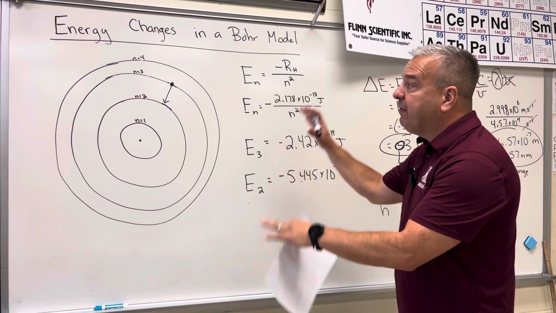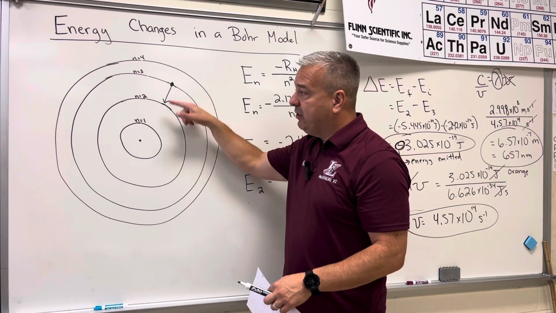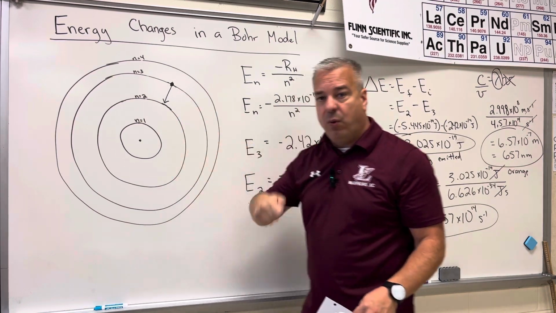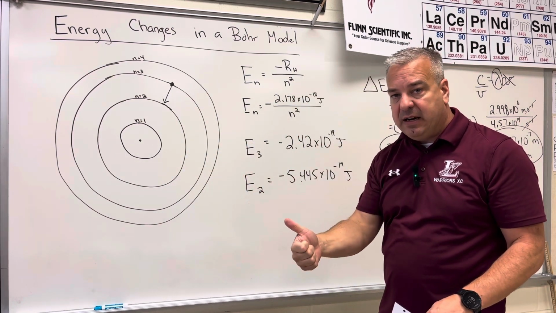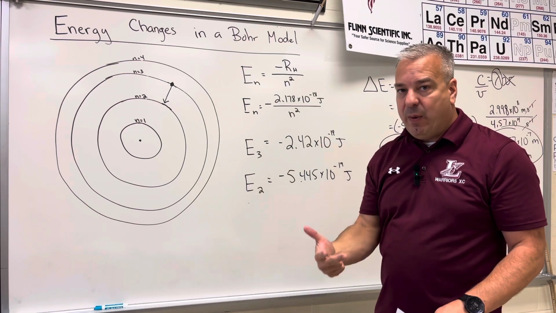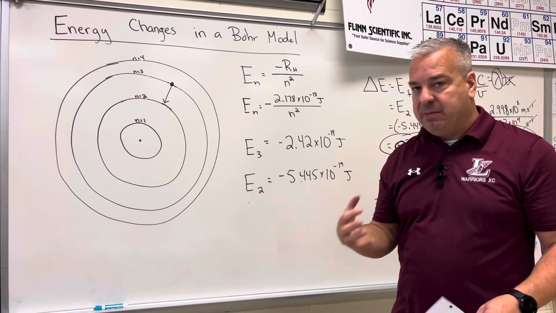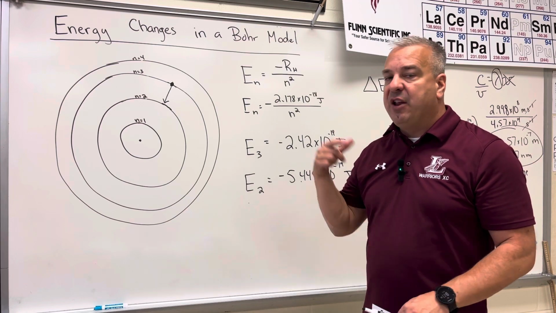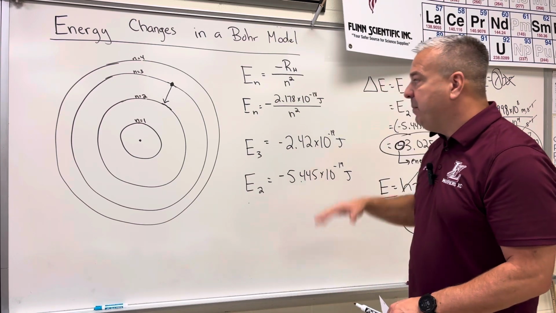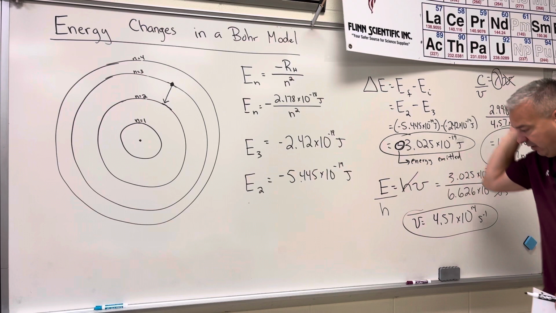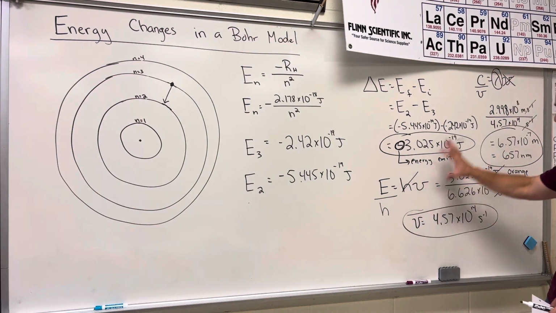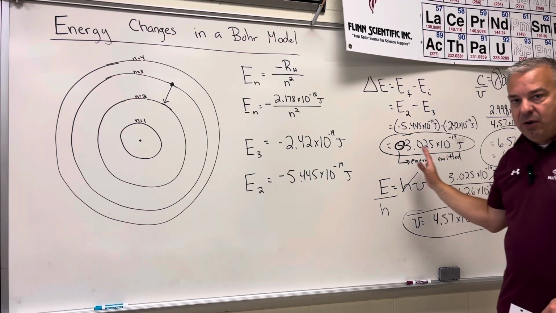So when we have these jumps of electrons, either down or up, there's always a corresponding energy, frequency, and wavelength. And a lot of chemistry teachers want to make sure that you understand that relationship between the energy change and how that has a corresponding frequency and a corresponding wavelength.